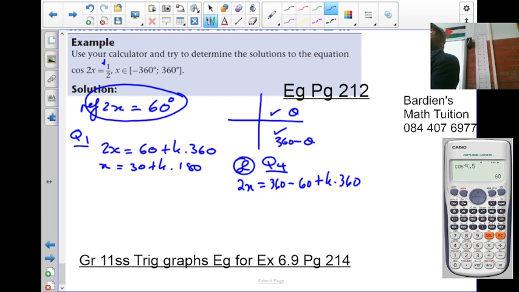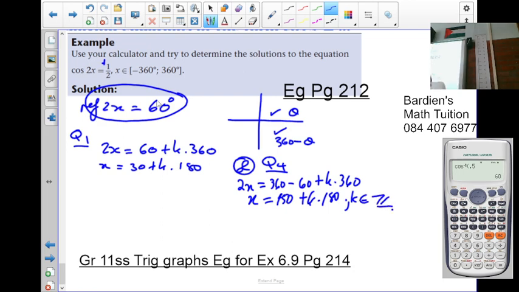Can you see that, people? I don't simplify that angle before I take it to the quadrants. Okay? So what is 360 minus 60? 300, divided by 2? 150. So 150 degrees plus k times 180, where k is an element of integers. As I indicated before, writing it once suffices.